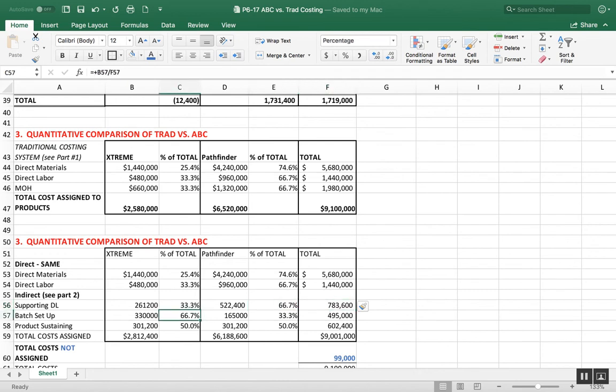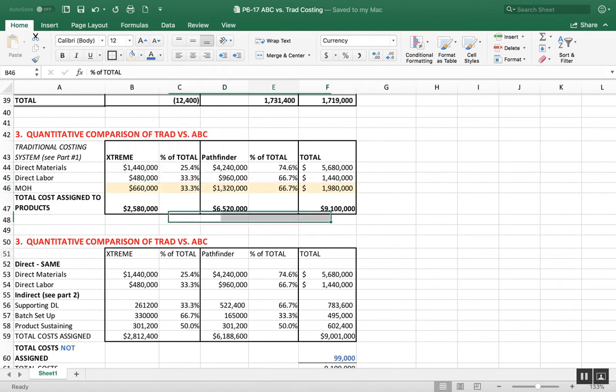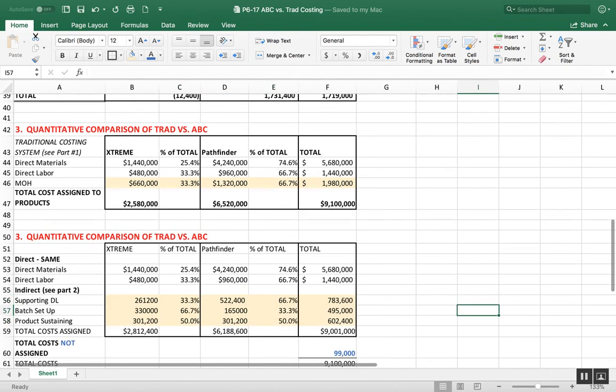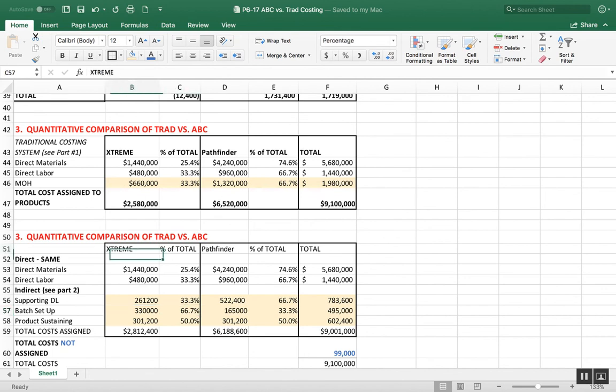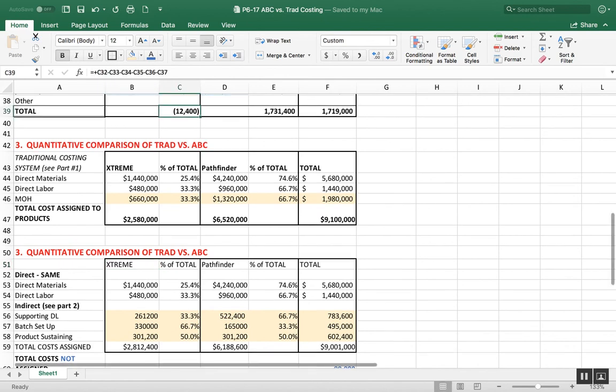Okay, so you really can start to see the difference, and it's this number right here. If you look at this manufacturing overhead, I'm going to kind of highlight this to really show you, because these actually are all of the manufacturing overhead as well, and you can really see how those are apportioned out now. So for example, you can see that the batch setups, these Extremes really took a hit, which is why they look so unprofitable over here.